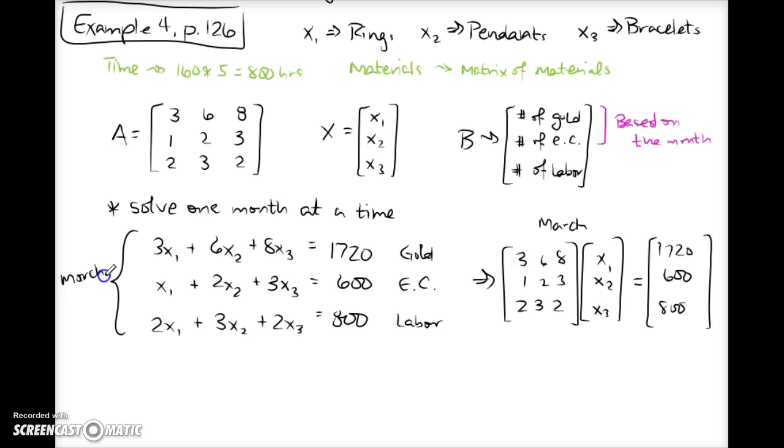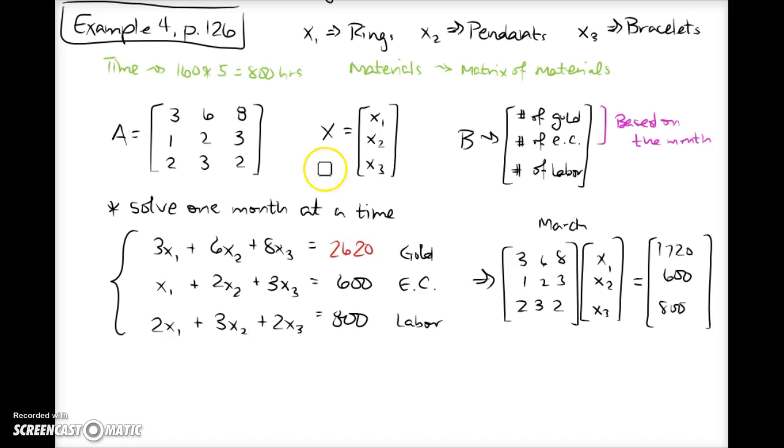Now, when you go to April, May, and June, it's going to be this set of numbers that changes each time. So for example, when you're looking at April, instead of it being 1,720, 600, and 800, it's going to be 2,620.